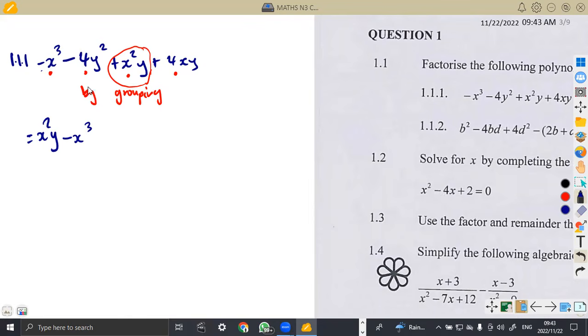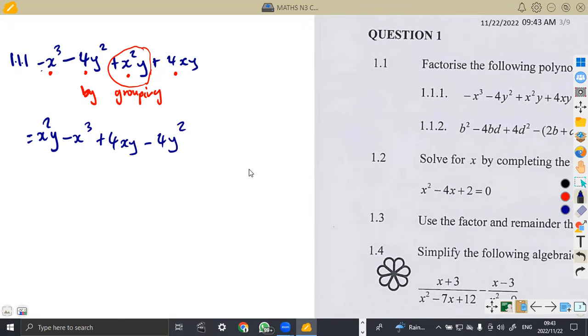Here we want the same expression as we had on this one, so we are going to have the last expressions, which is plus 4xy and minus 4y squared. So I'm going to have plus 4xy minus 4y squared.